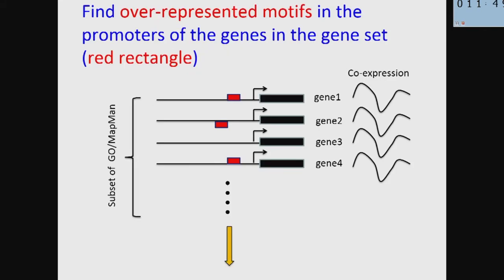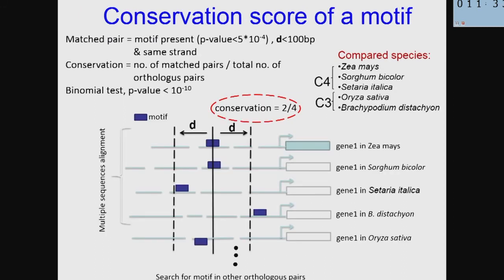First, like other people did, you look for overrepresented motifs in the promoter region of the gene set, and then you consider evolutionary conservation. We consider sorghum, millet, rice, and brachypodium as the reference species for determining conservation.